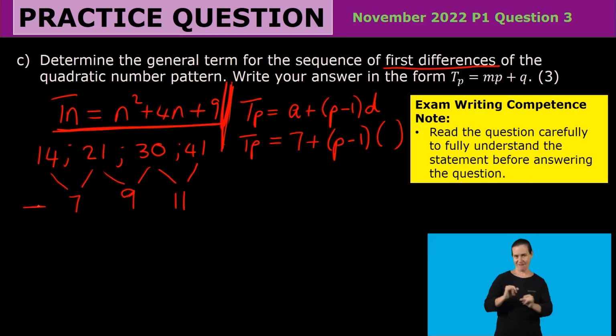The first differences form a sequence for themselves, and that is an arithmetic sequence. How do we know that it is an arithmetic sequence? Because it has a common difference. Looking at the first differences, they have a common difference of 2, which is of course the second difference of the quadratic formula.